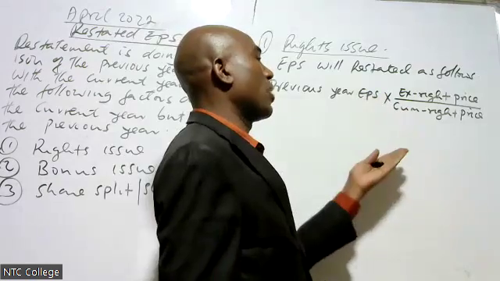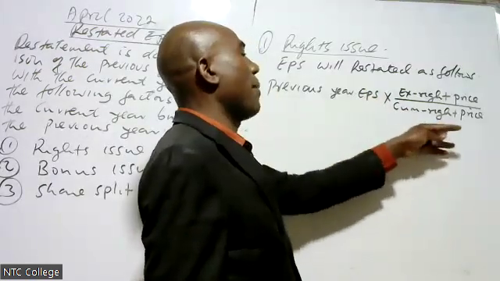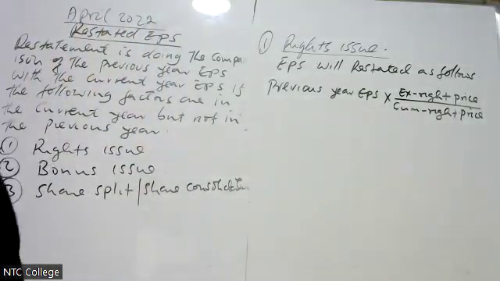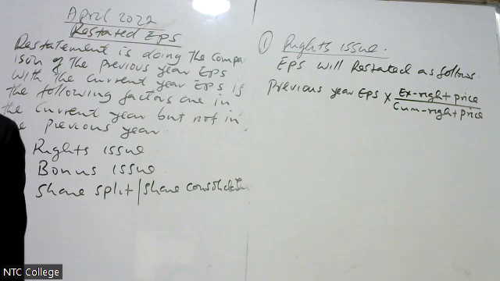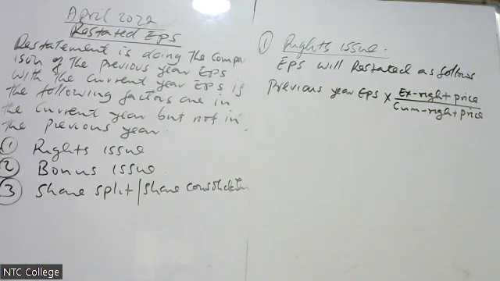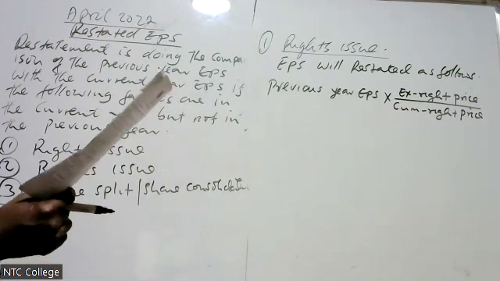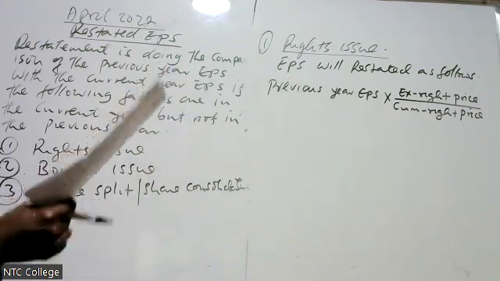Remember we had the theoretical X right price and the cum right price. Like in this question, did the examiner give us the previous year EPS? No, examiner has not given us the previous year EPS.